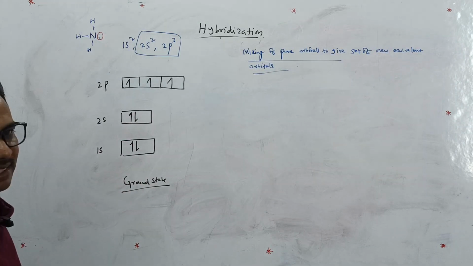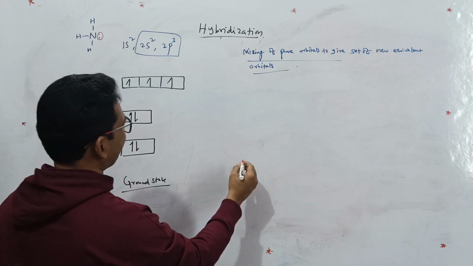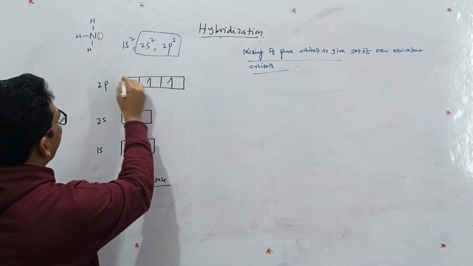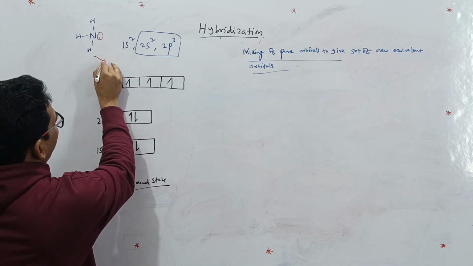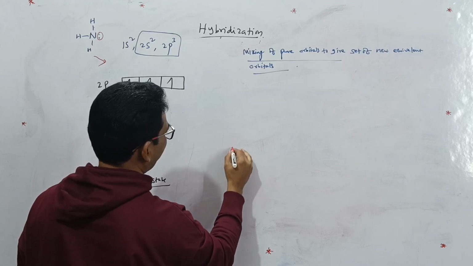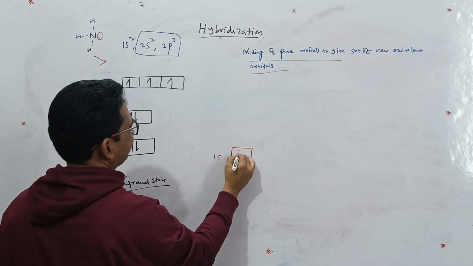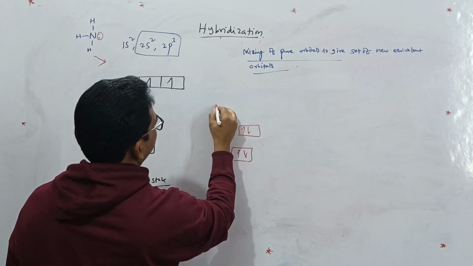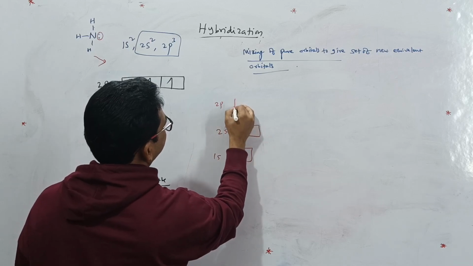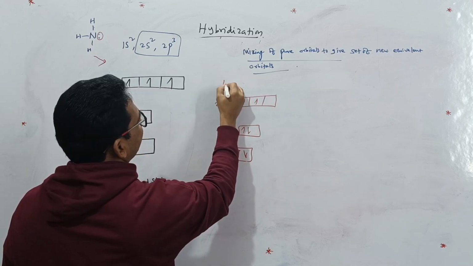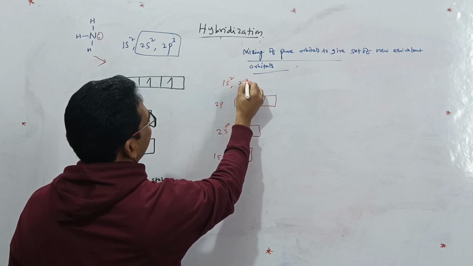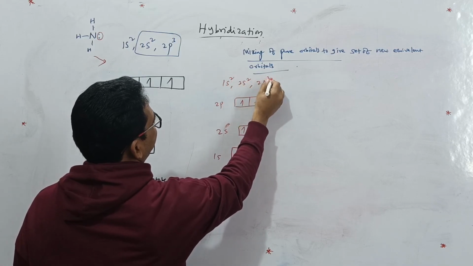In the case of carbon, the excited state is possible. This is the case of ammonia, the ground state. In the case of carbon, how will it be? I am showing the difference: 1s, 2s, then 2p. The configuration is 1s2, 2s2, 2p2.